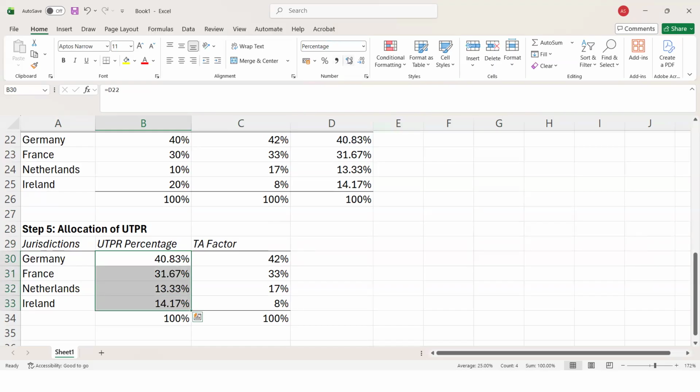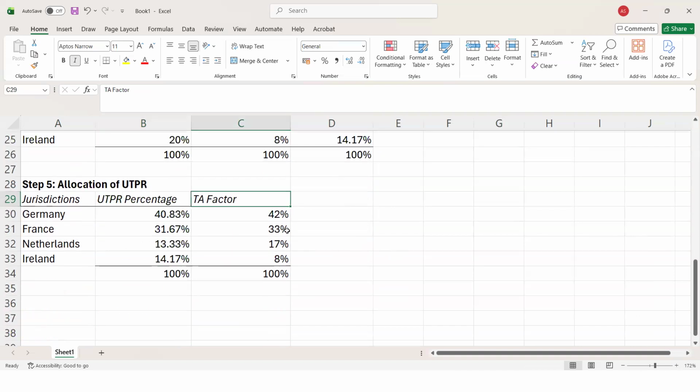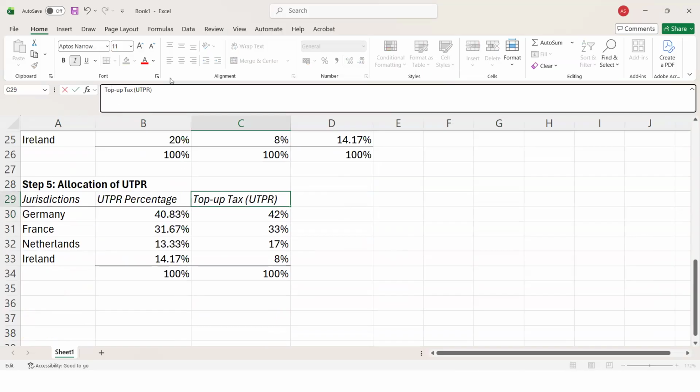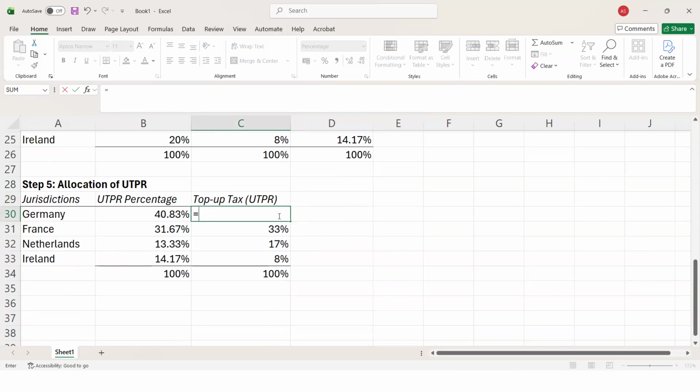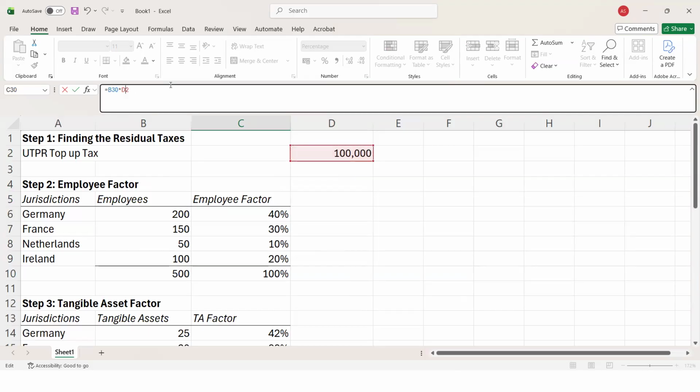And what is the untaxed UTPR top up tax? It is 100,000. So that I will divide. It's not tip, it's top. So I will just multiply this with this.